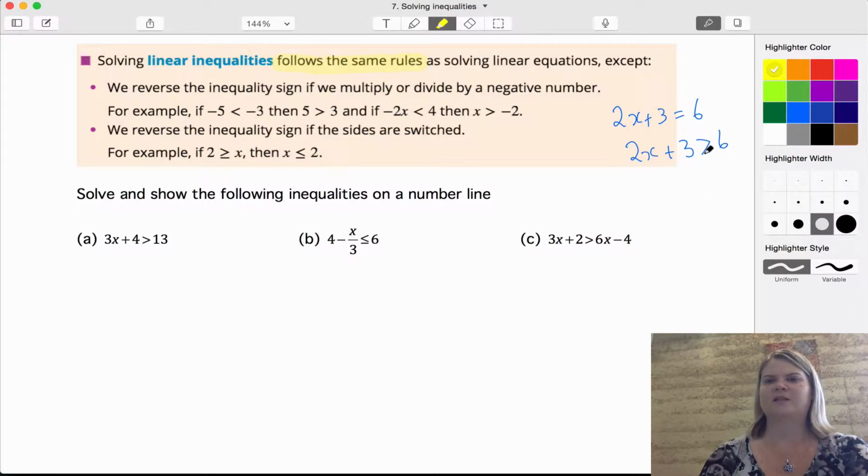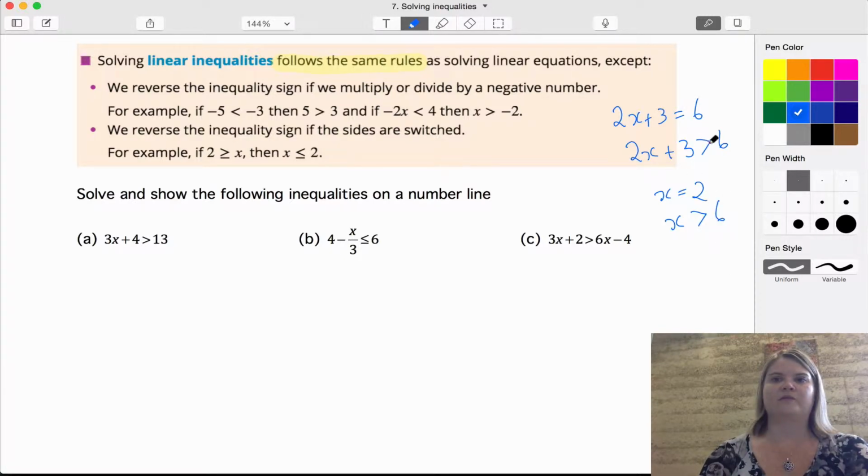So you just need to keep the inequality sign there instead of the equal sign, and keep it all the way through, and your final answer will, instead of x equals a number, be x is greater than or less than or equal to, or whatever the original inequality sign is. That's what your solution will look like.